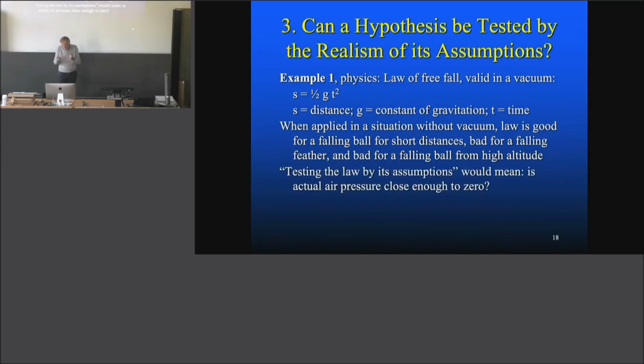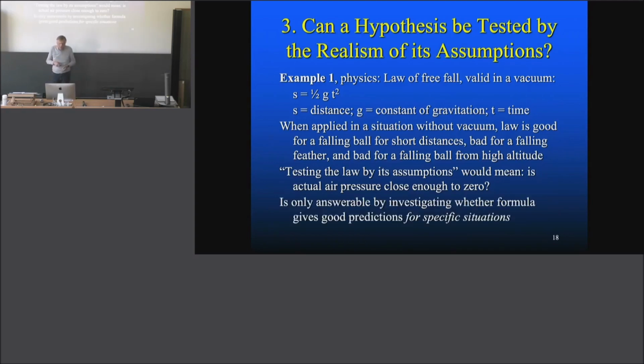And then he says, well, if these people say we want to test a law by its assumptions, what would that mean? It would mean, is the actual air pressure close enough to 0? If you apply that law in a concrete situation, if I have a heavy body and it falls down, then I'm using the law of gravitation here, although there is friction.